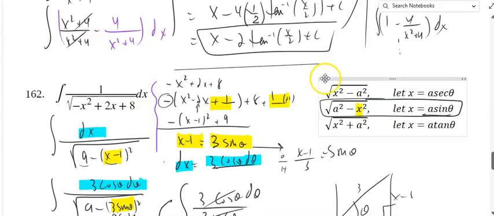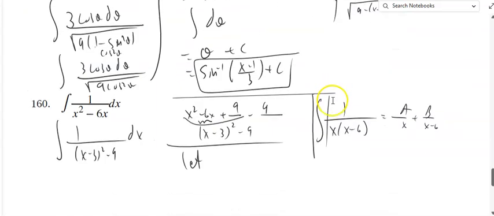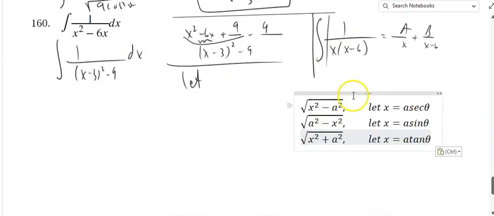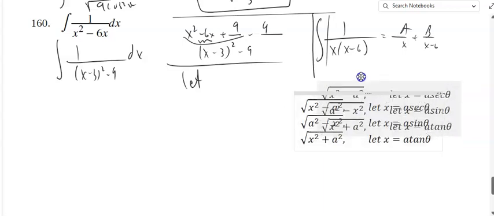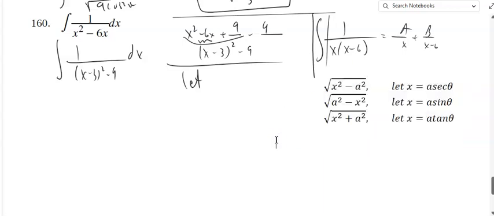Okay. Again, this is provided on your test. You don't have to memorize this. And the final. So I'm looking at x minus, that's the first one. So I'm going to let, instead of x, which is what they have, I'm going to choose x minus 3 equals a, that's 3, secant of theta.